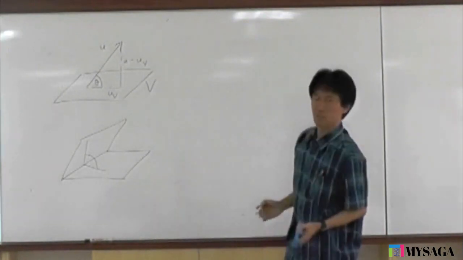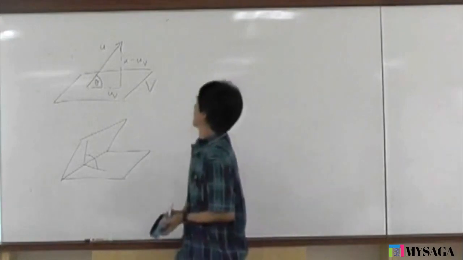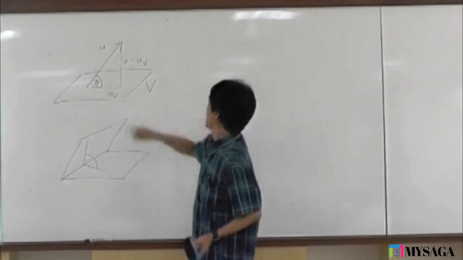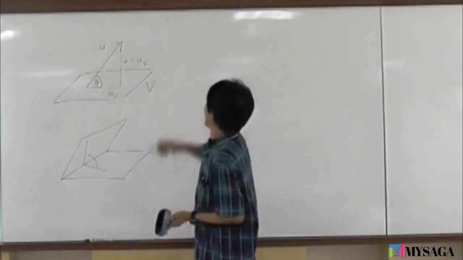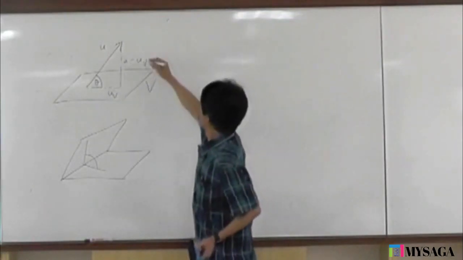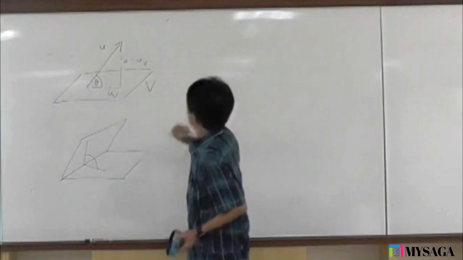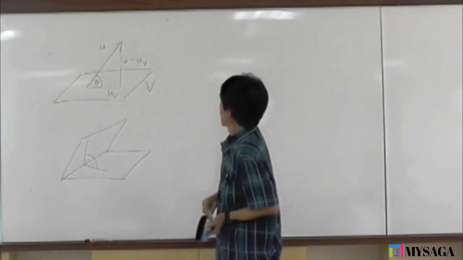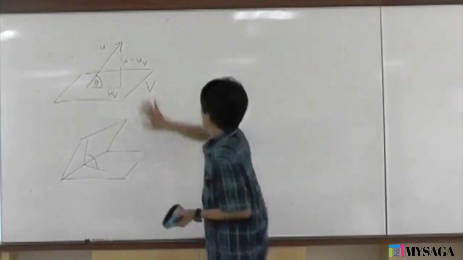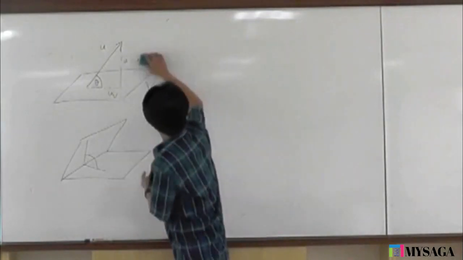We are not high school students anymore, and we are not physicists either. So this vector u minus uv is... oh, hang on, I don't need that.